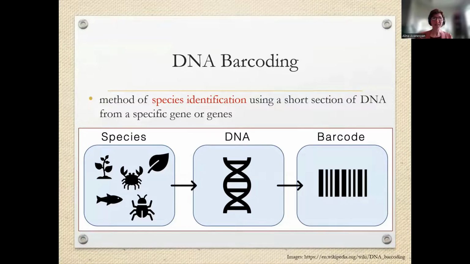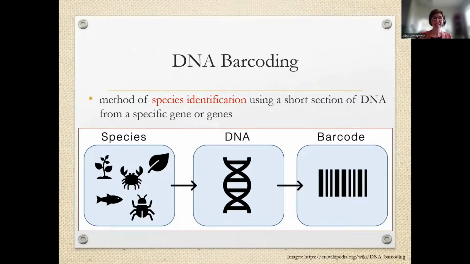DNA barcoding is a method of species identification using a short fragment of DNA, which we call a DNA barcode. You can think of the DNA barcodes as the unique species identifiers, which you need to scan in order to identify the species. This works similar to scanning the universal product codes in a grocery store.